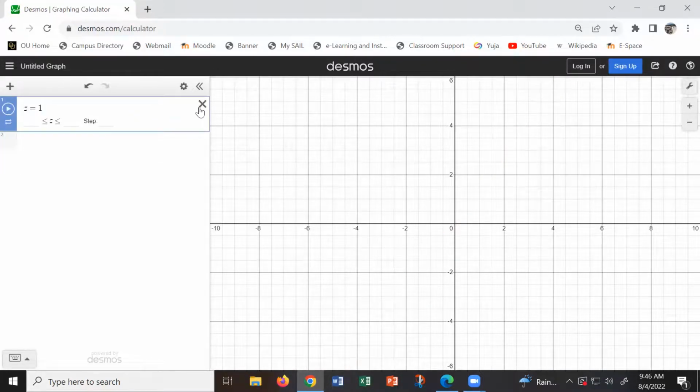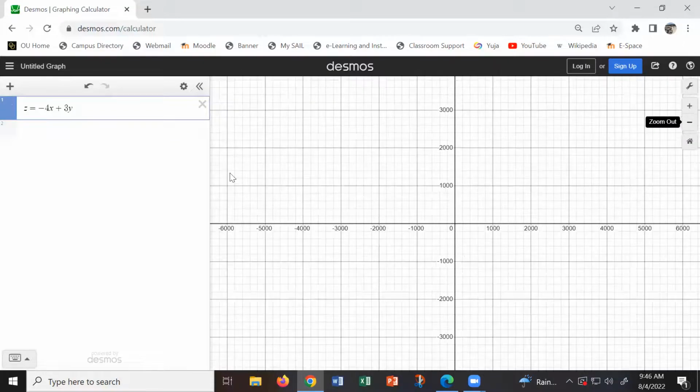It's supposed to be a plane. Let's say z equals negative 4x plus 3y. No, they don't like it.